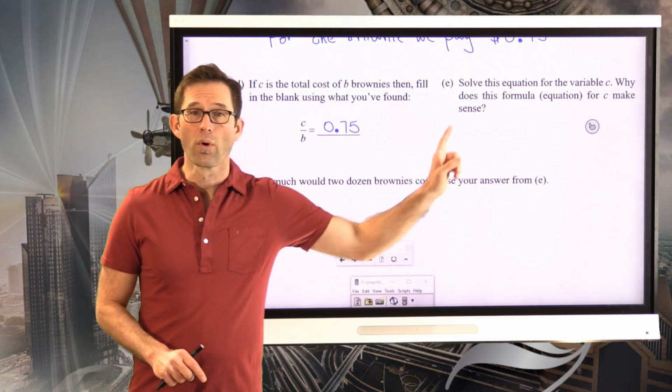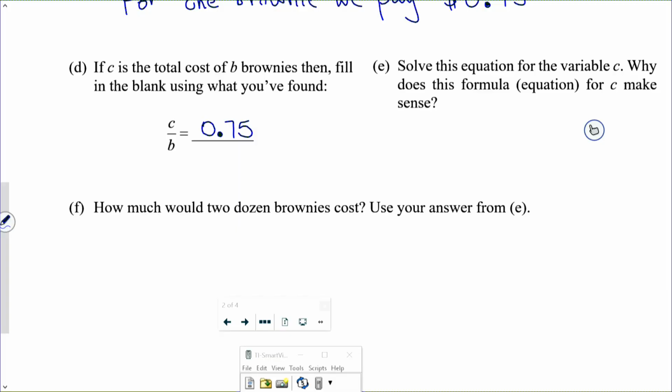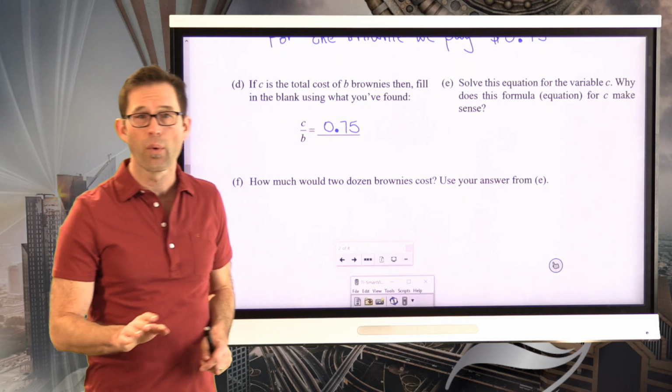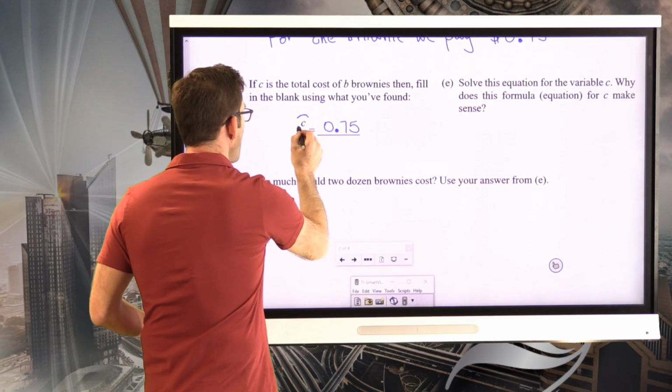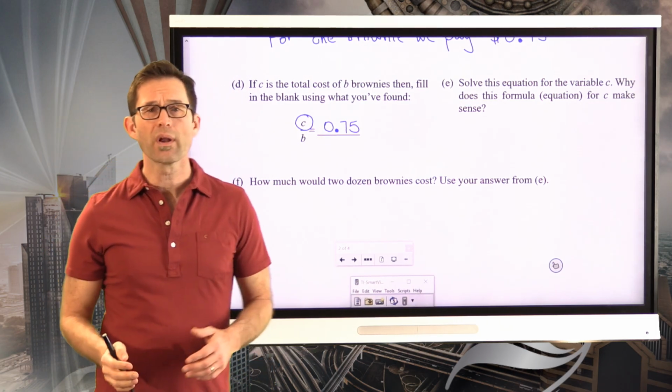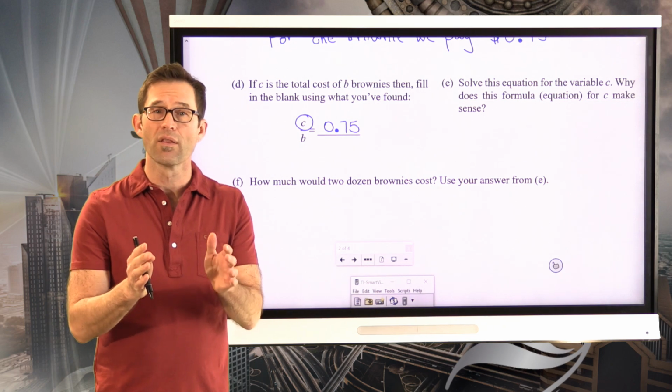Now, maybe even more important is letter E. Solve this equation for the variable C. Why does this formula make sense? Whenever you're solving an equation for a variable, we just want to undo what's been done to the variable.